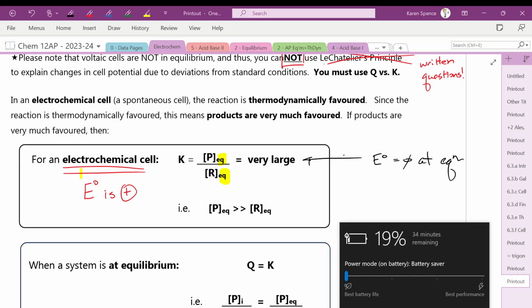Oh, I know why. It's not plugged in at all. Okay, here we go.